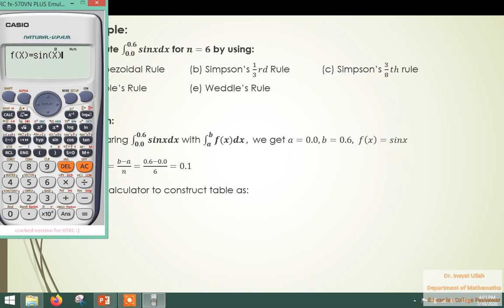Whenever you enter this function, you need to press the equals key. Whenever you press this equal button, you will be asked for something else.